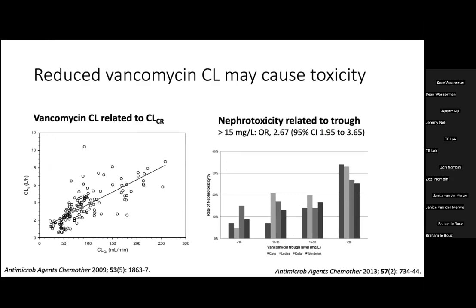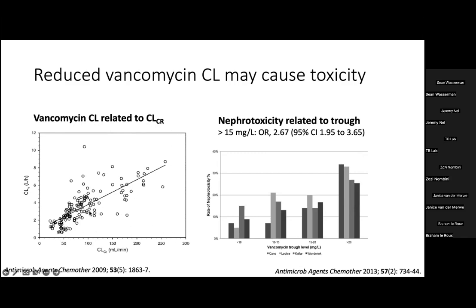So vancomycin is the classic example of this, and we know that reduced vancomycin clearance due to reduced GFR could cause renal toxicity. Clearly, vancomycin clearance is related to creatinine clearance. This is vancomycin clearance plotted against creatinine clearance. Creatinine clearance is on the x-axis, and vancomycin clearance on the y-axis, a linear relationship.